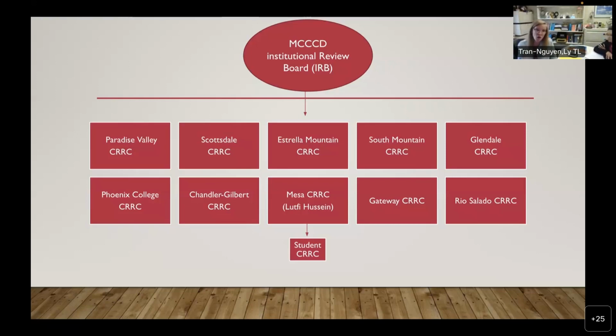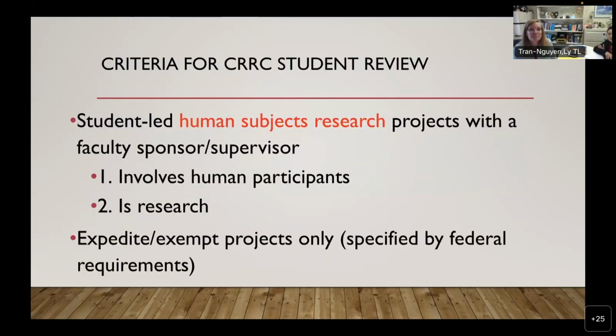One is because our CRRC chair, who is Lutfi, is also head of the IRB, so he doesn't have as much time to review the student projects. But more importantly, Mesa actually accounts for at least half of the applications submitted to the IRB for review. And our student applications are also high volume relative to the other colleges. So really from the very beginning, we've always had that little extra student review process. So go to the next slide, please.